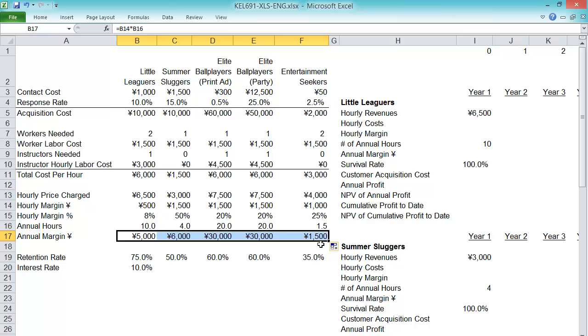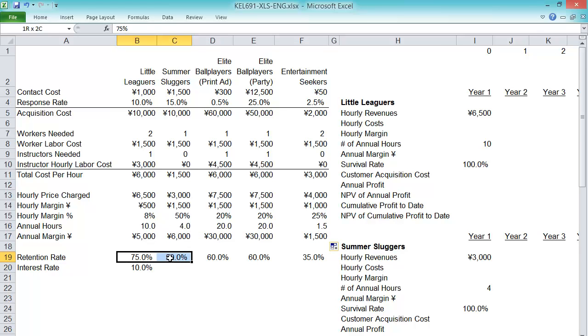And we have also here a retention rate. Again, remember that retention and attrition are two complementary events. So if your retention rate is 75% for little leaguers, it means that you retain 75% of customers, and the attrition then is 25%.